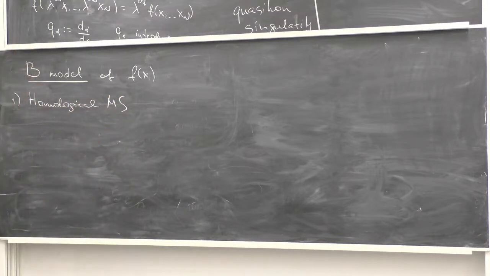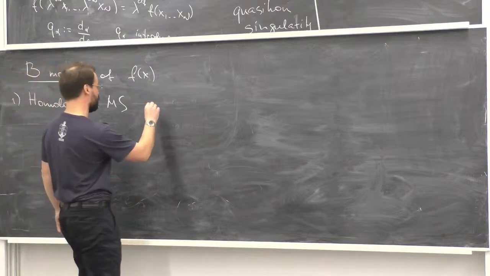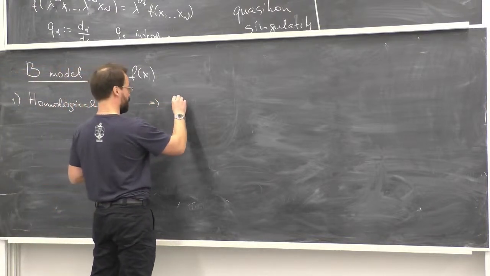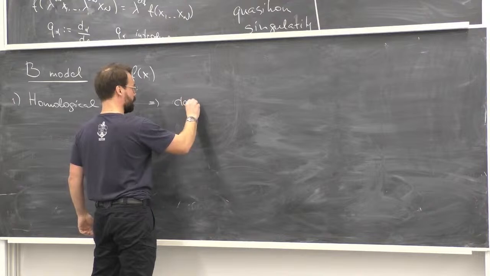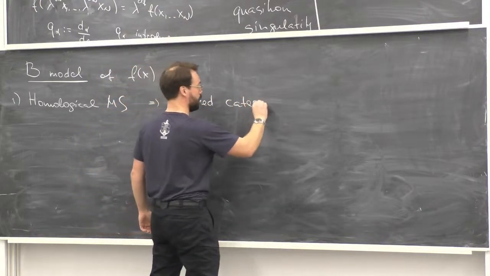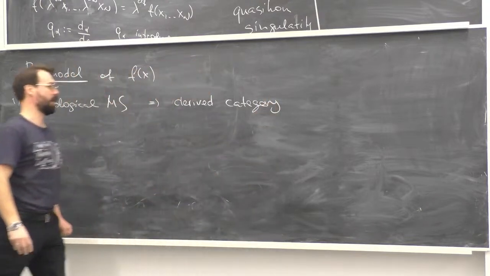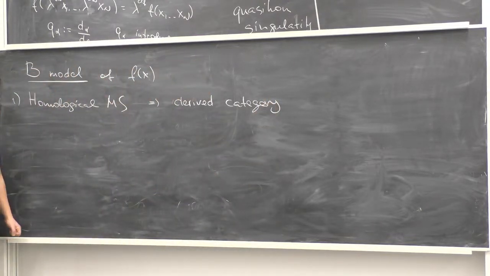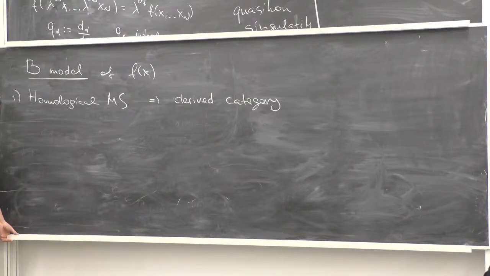In that way, the B model is understood to be some derived category. And there are even different constructions that can be used, so different derived categories can be associated to the polynomial f.